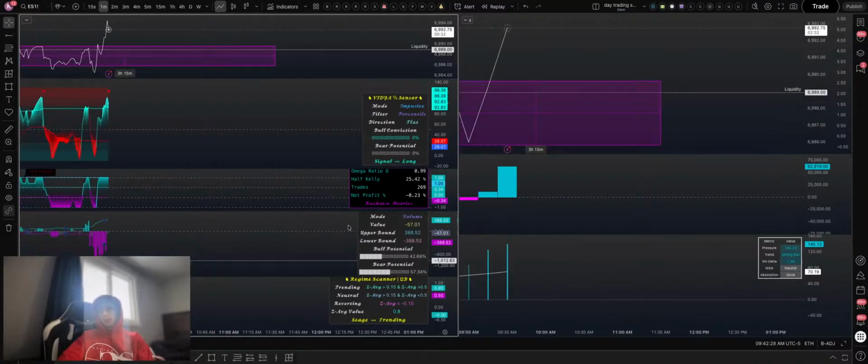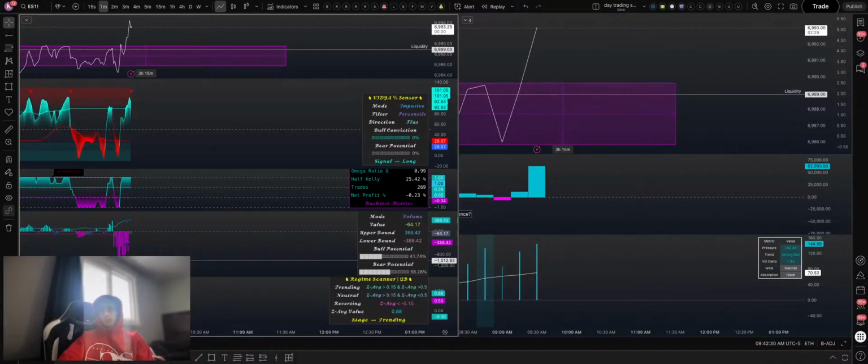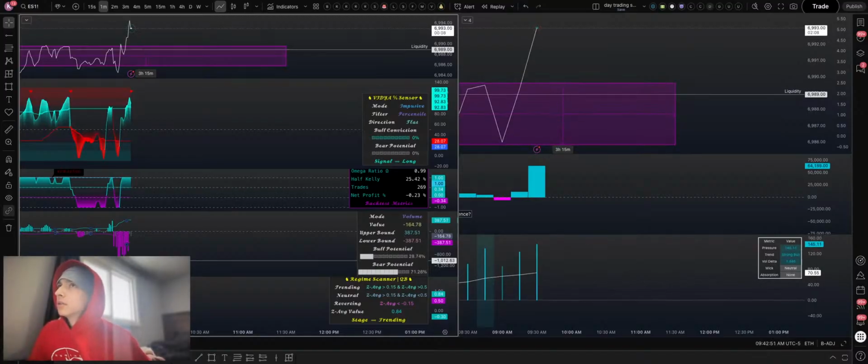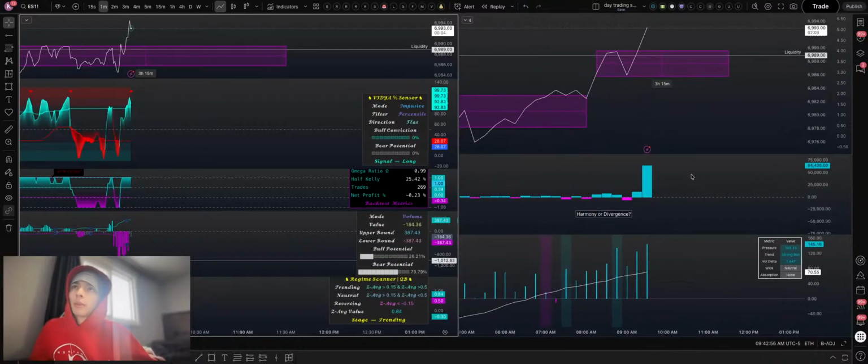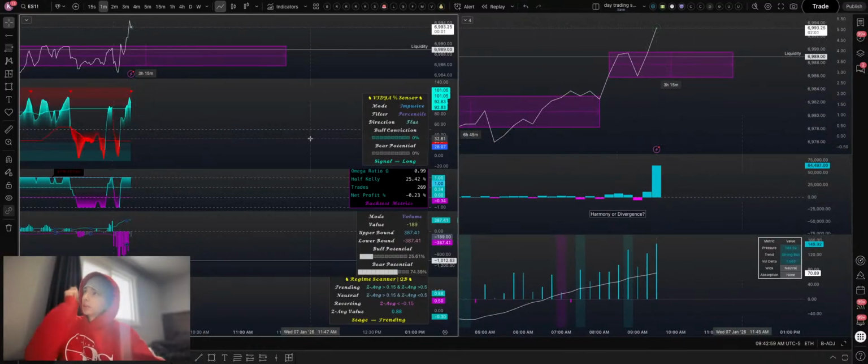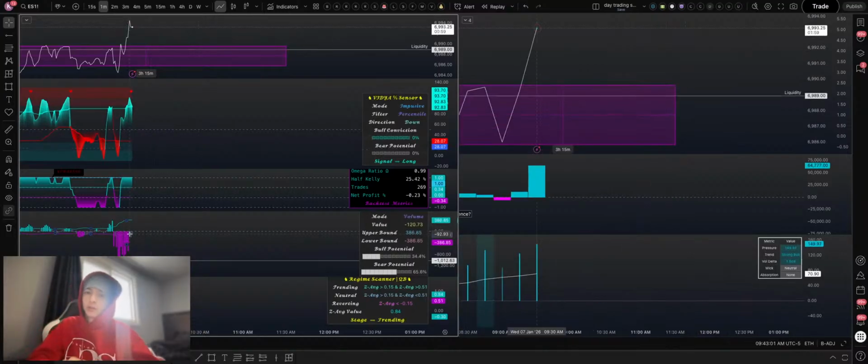Thinking about taking a long here. Just the one indicator isn't really popping off though. It's still bearish on the 1 minute. 15 minute is bullish. The 1 minute indicator is not there.